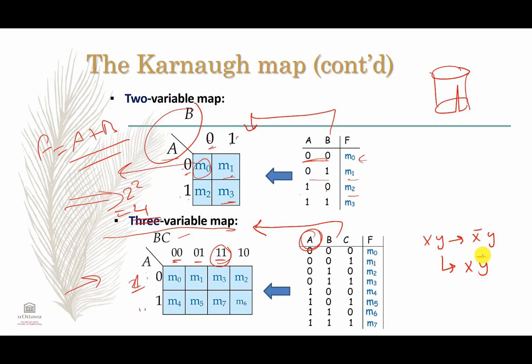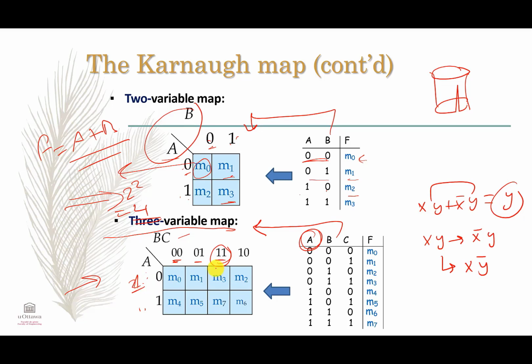You know why? Because I would like to loop, and if I loop, I will utilize the theorem x y plus x prime y: if I take y as a common factor, x will be deleted, so I'm going to get y. I'm going to eliminate the variables by looping. So the key point here is we can change just one digit of the code for either the row or the column.